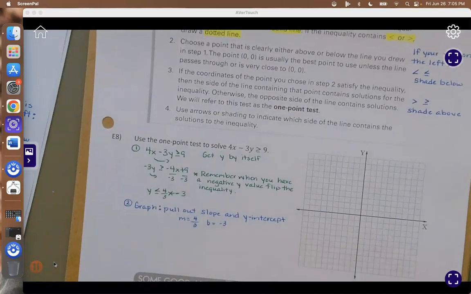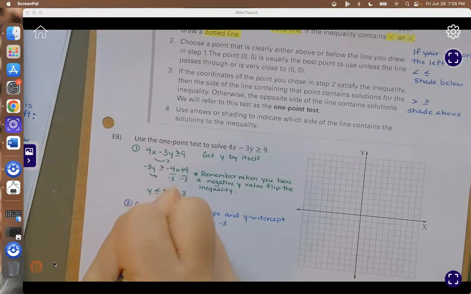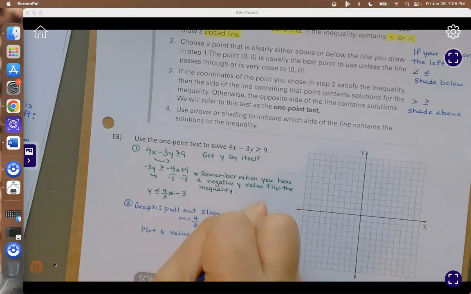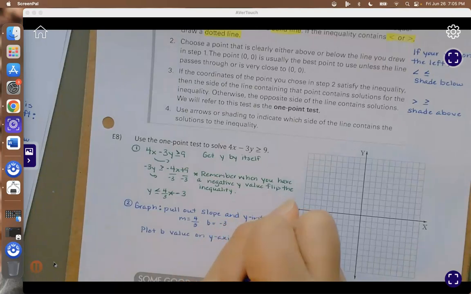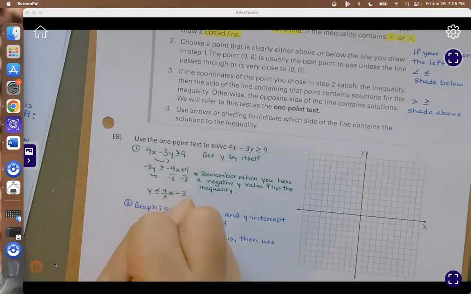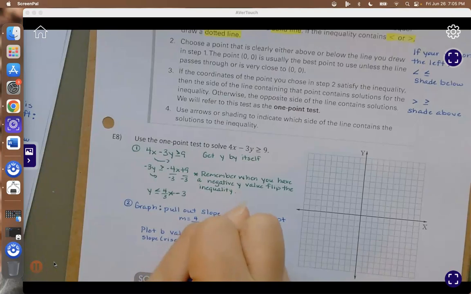Okay? Plot b value on y-axis, then use slope, rise over run to get second point.